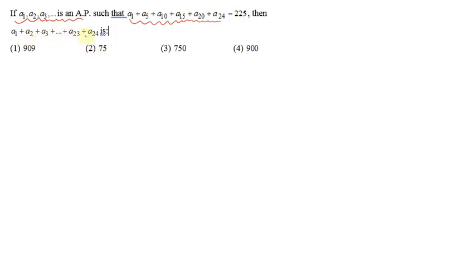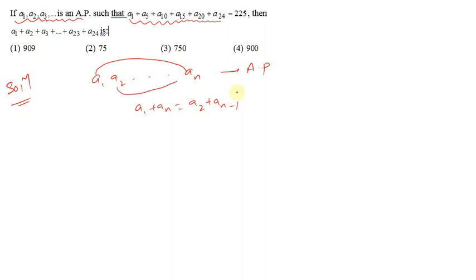See, if a1, a2, a3 and so on, an are in AP, then we have a1 plus an is equal to a2 plus a(n minus 1) is equal to a3 plus a(n minus 2) is equal to, and so on. So we can apply the same thing. Now there are a1, a2, a3 and so on, a24. These are the terms which are in AP.